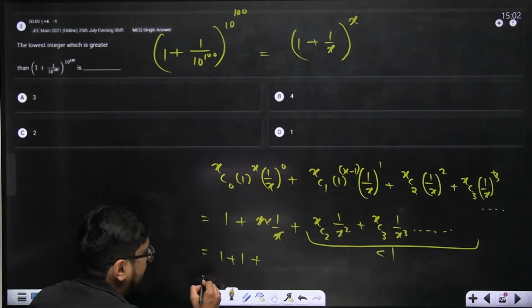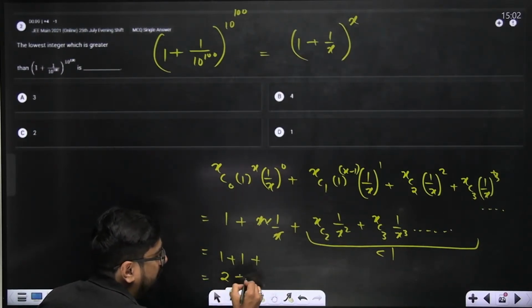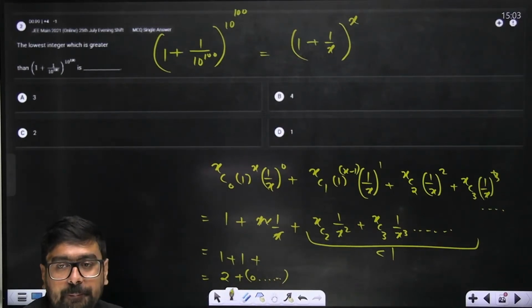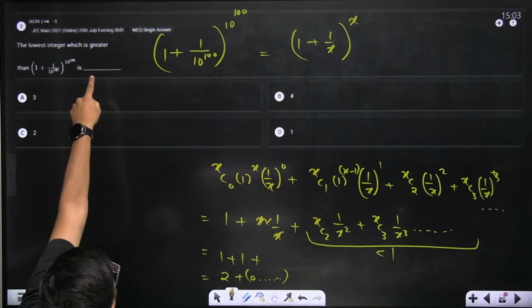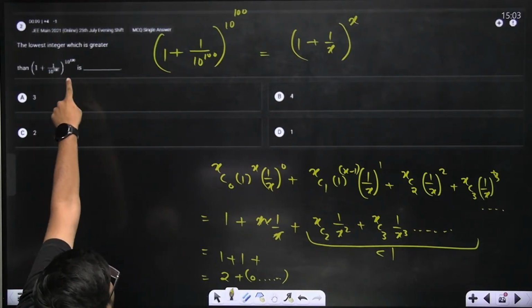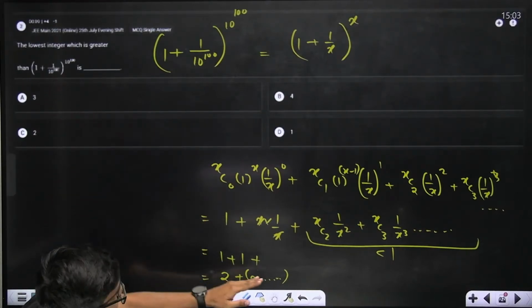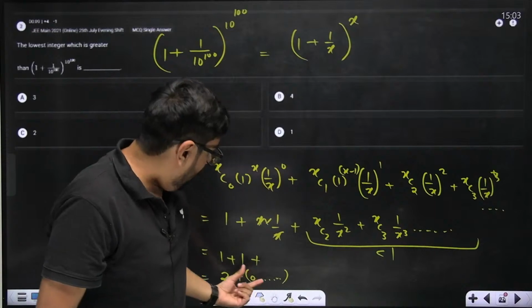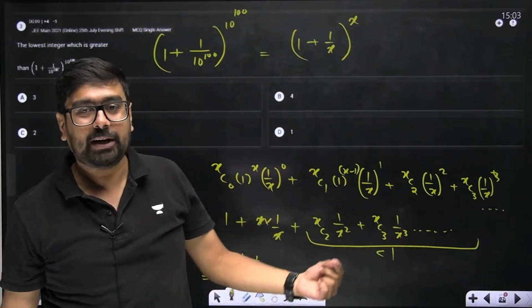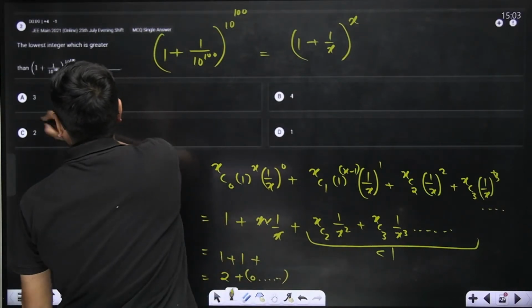So this will be 2 plus 0 point something. 2 plus 0 point something, which will be the greatest integer? The question is the lowest integer which is greater than this. Lowest integer which is greater than 2 point something: 3. 3 should be the answer.